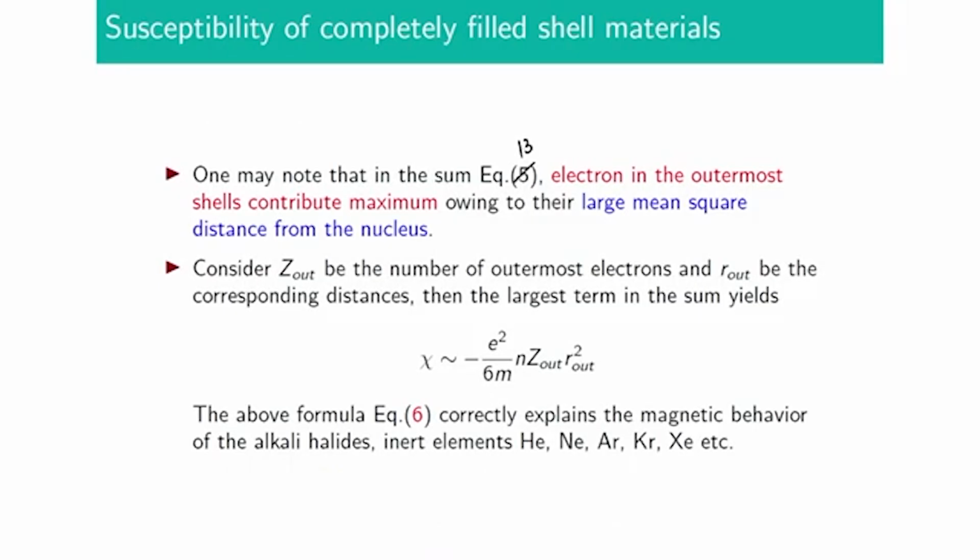So, electrons in the outermost shells will contribute maximum because of the large mean square distance, because r I square is the mean square distance from some chosen origin. So, the origin is assumably in the nucleus or inside the atom, and you measure r I square with respect to the origin, and that is maximum for the outer electrons.